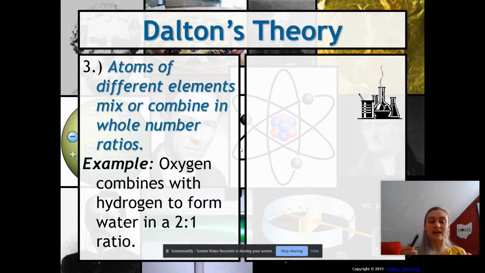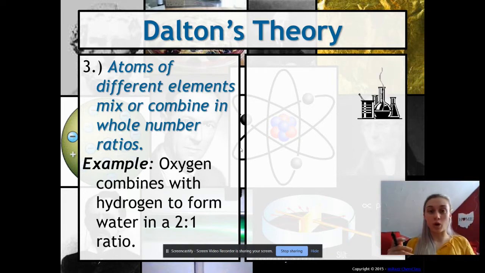So he's saying that atoms of different elements mix or combine in whole number ratios. He's saying that you pretty much won't ever see something like half an oxygen atom bonding with a whole carbon atom or something like that. So you'll never have half ratios. You won't have half atoms bonding to another atom, you know what I mean?